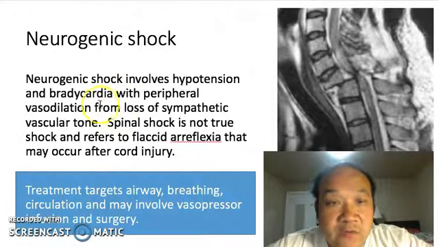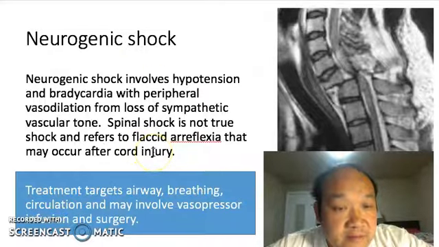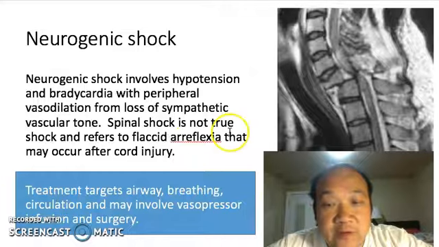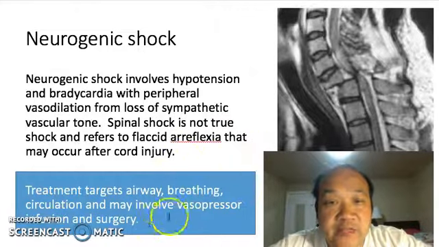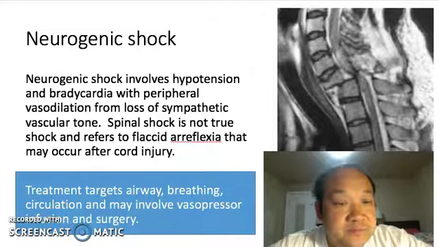This is called neurogenic shock and is different than spinal shock, which is simply areflexia that may occur after cord injury. Treatment of neurogenic shock centers on protecting the airway, breathing, and circulation, and timely surgical intervention.